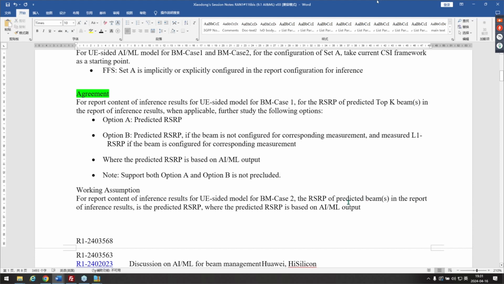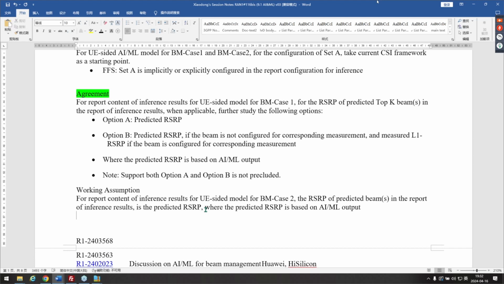I think this situation is different from BM case 1, right? It's a future one, but let's say this future beam could be T0 plus T1. If we always use the predicted RSRP, then maybe it's less accurate than the measured one, even if that measured one is out of date. For example, if you predict T0 plus 5, then your measured beam is still valid and still accurate during the future 5 milliseconds.